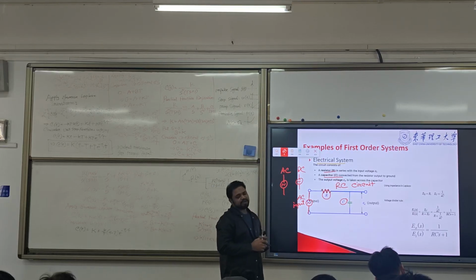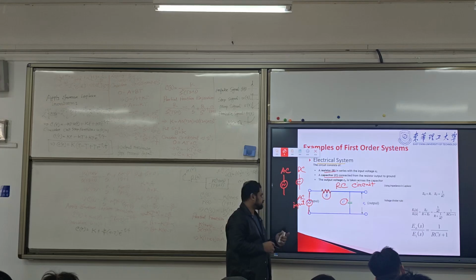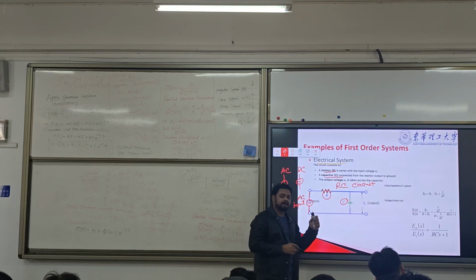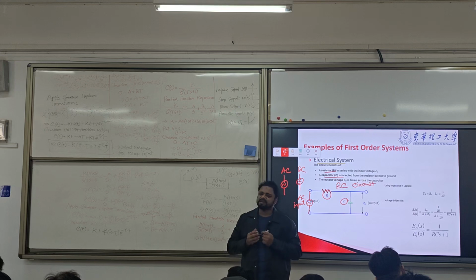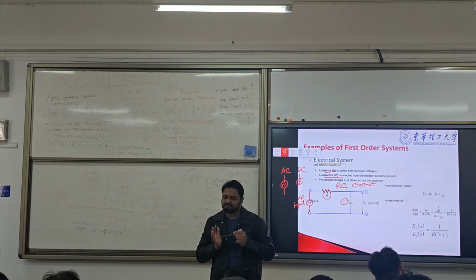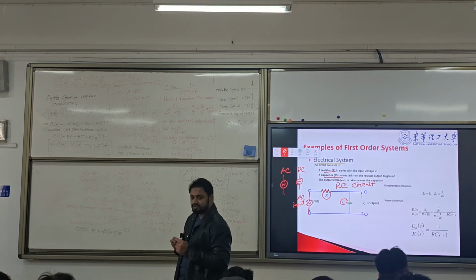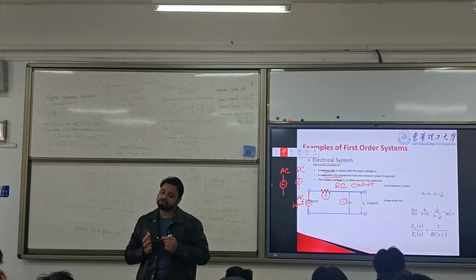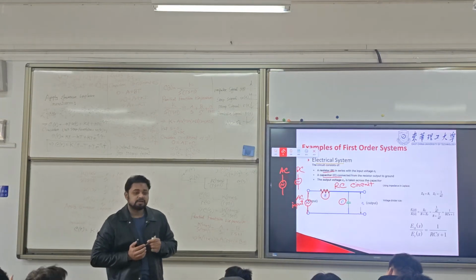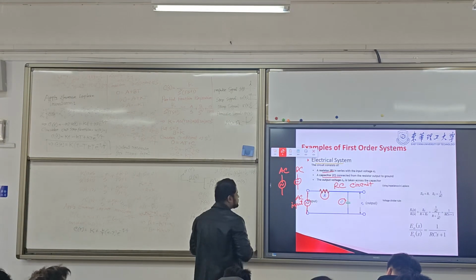Now, if we apply an AC input, there will be some impedance. What is impedance? Impedance is the opposition of the current flow. Like resistance.